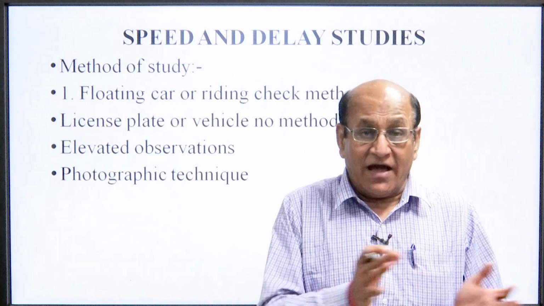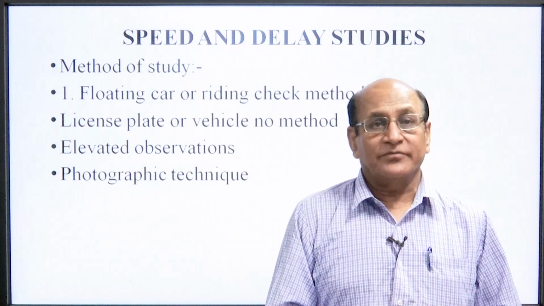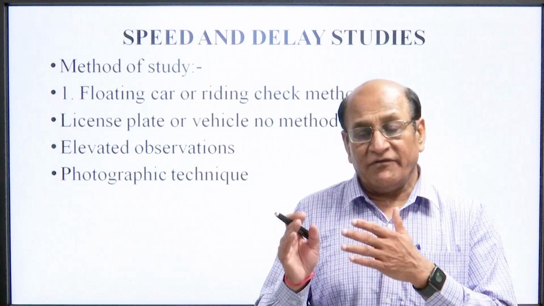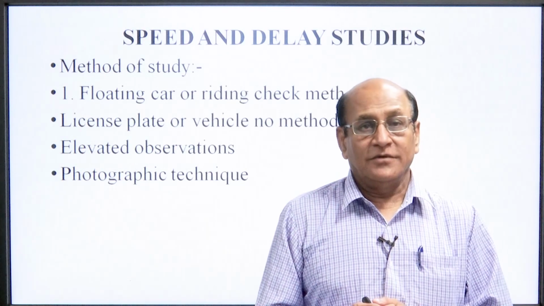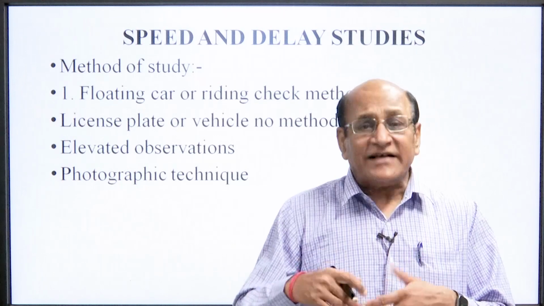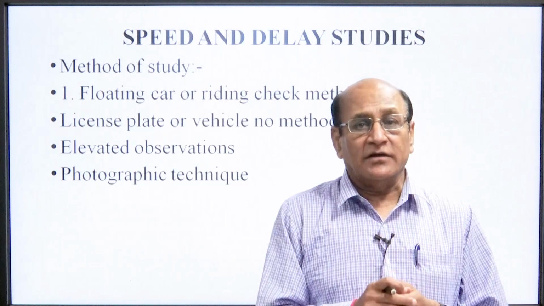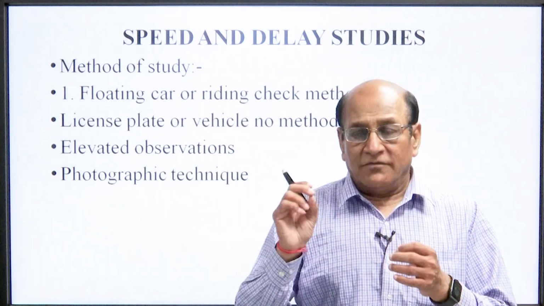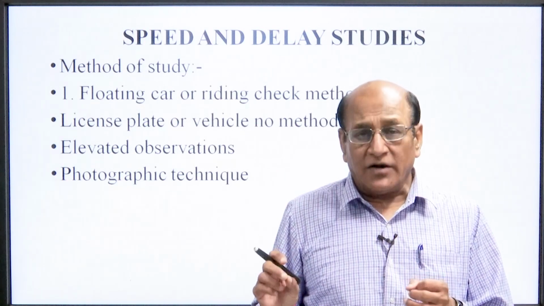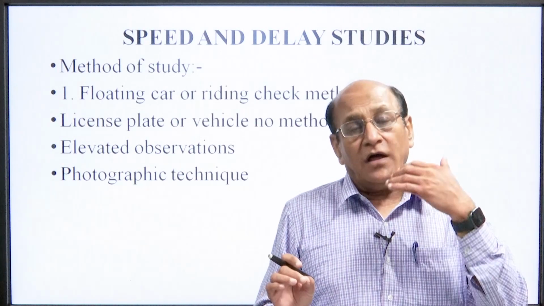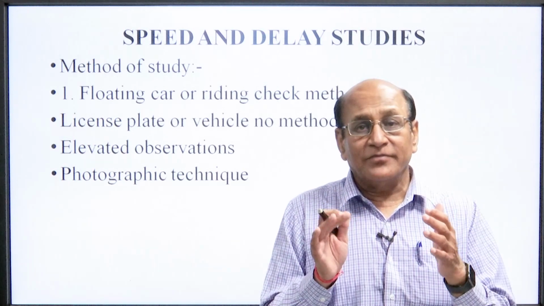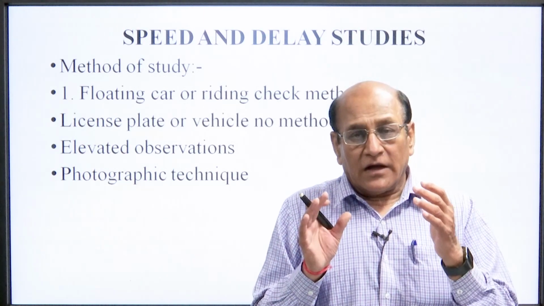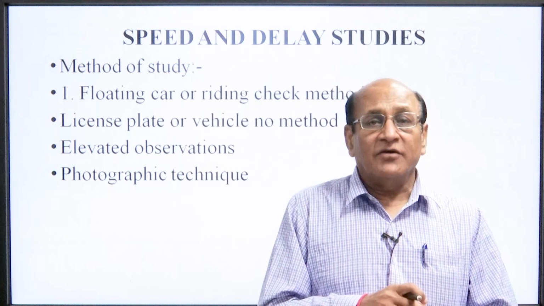What is the average speed of the vehicle? Suppose a vehicle is starting from Lucknow and going to Ayodhya. In a stream, the vehicle moves from the start at Lucknow to the end at Ayodhya, and the time taken is the time taken by the vehicle.